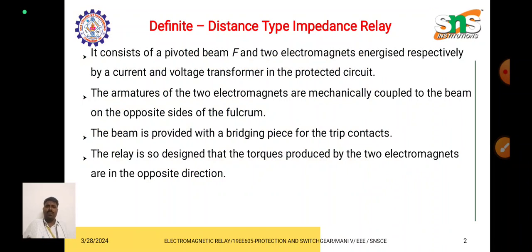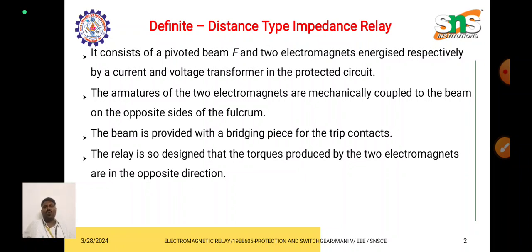The definite distance type impedance relay consists of a pivoted beam and two electromagnets which are energized respectively by a current and voltage transformer in the protected circuit. One is energized by the current coil and another by the voltage coil.